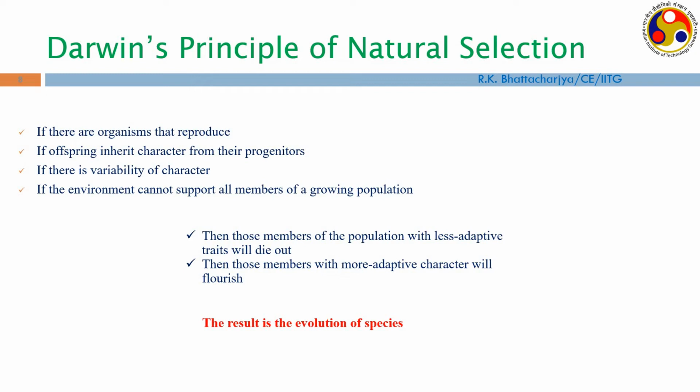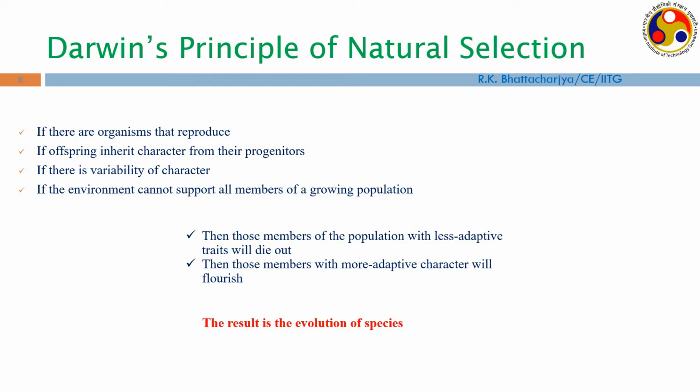I just said that if you put 100 people at an altitude of 15,000 or 20,000 feet, and all of them have variable characteristics, some people can survive with less oxygen and some cannot. What will happen if the environment cannot support all the members of the growing population?